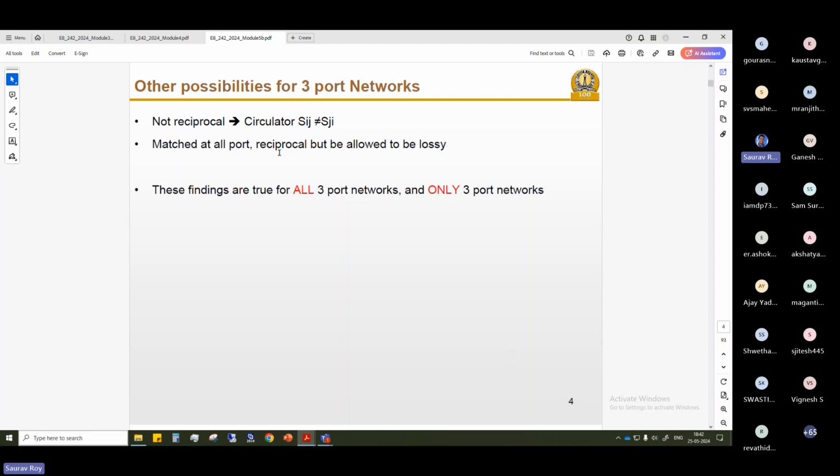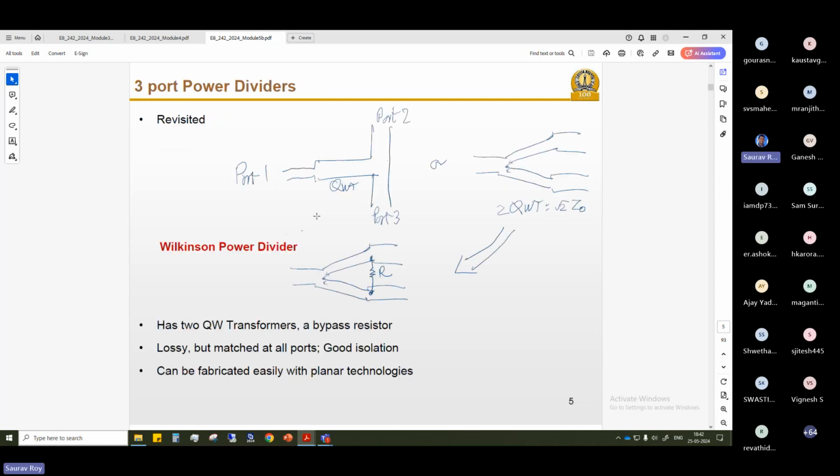So what is an easy solution? Definitely the circulator is not an easy solution. The ferrites mean it will no longer be a 2D planar circuit. So we will go for a lossy circuit. Now, for a 3-port network, how do we make it lossy? That's where the Wilkinson power divider comes in. The concept of the Wilkinson power divider is that you add a simple resistance, which is a lossy element, and then it makes a 3-port network which is matched at all ports as well as passive.